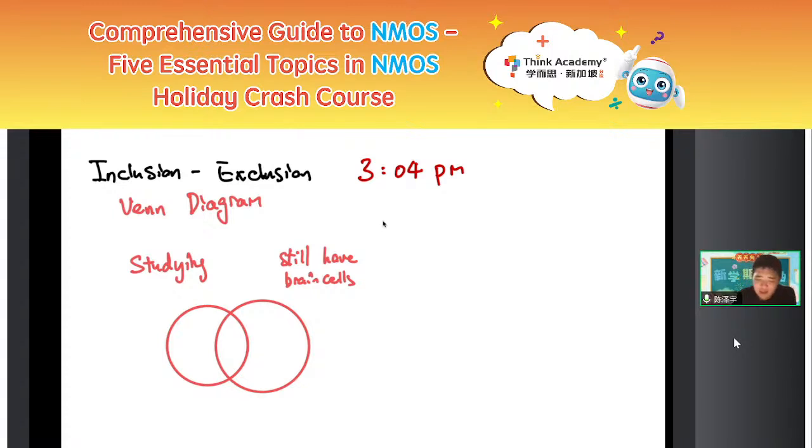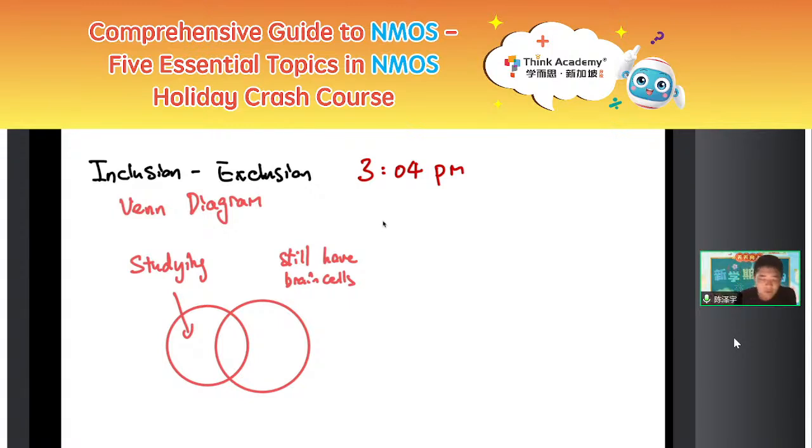So this part is in the circle that represents people who are studying today, but it's not within the circle for people who still have brain cells. So it will be people who you guys on YouTube and WhatsApp say have zero brain cells left. You will be in this part of the diagram.